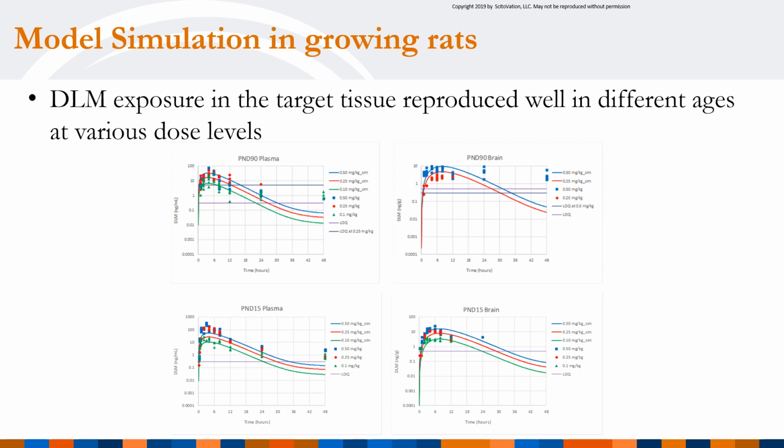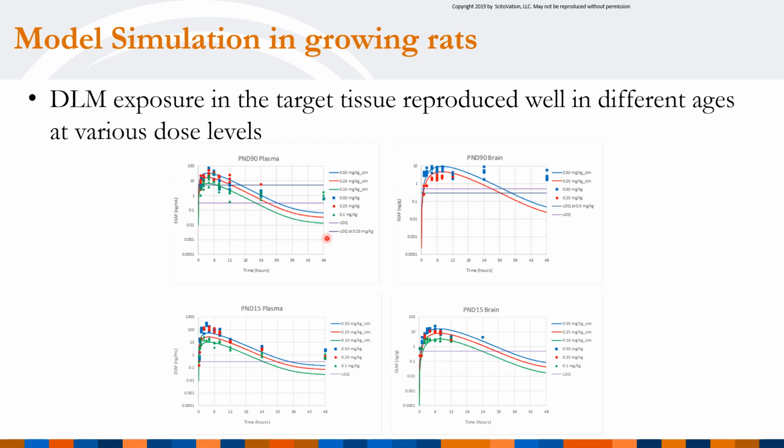To calibrate and validate the model, we used some in vivo literature. Here you can see deltamethrin exposure in the target tissue reproduced well in different ages at various dose levels. On the left, you have plasma concentration in adult on the top row and juvenile on the bottom row. And on the right panel, you have brain concentration in adult and brain concentration in juvenile. The dots represent the in vivo data, and we have 3 doses.